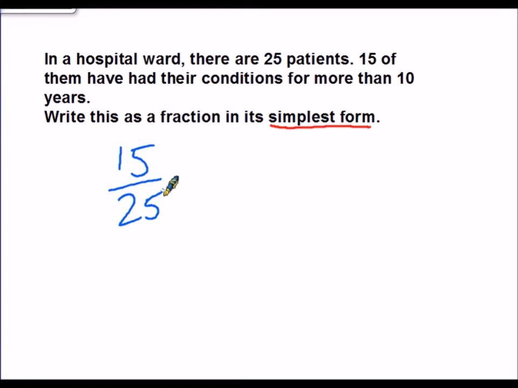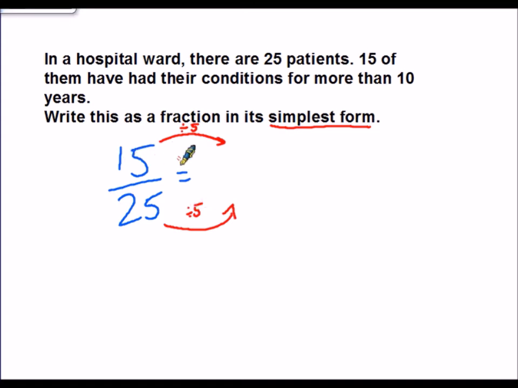So 15/25ths of that group have had their condition for more than 10 years. However, this is not in its simplest form. We can simplify that. I know that 15 and 25 are both in the 5 times table, and so I can divide both of these by 5.